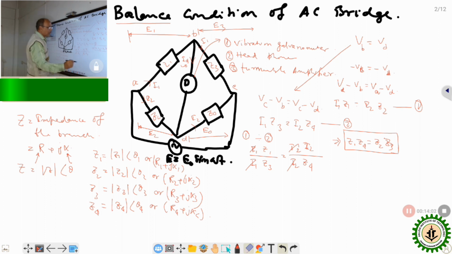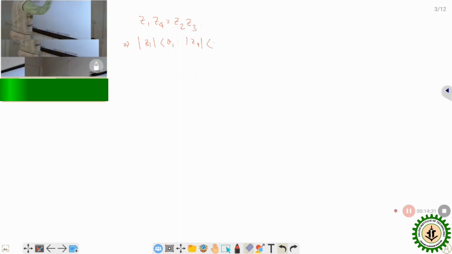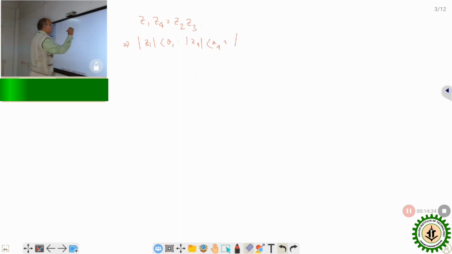Now we have this equation. If we substitute, Z1 Z4 equal to Z2 Z3, so we can write mod of Z1 at an angle theta 1, mod of Z4 at an angle theta 4, equal to mod of Z2 at an angle theta 2, mod of Z3 at an angle theta 3.